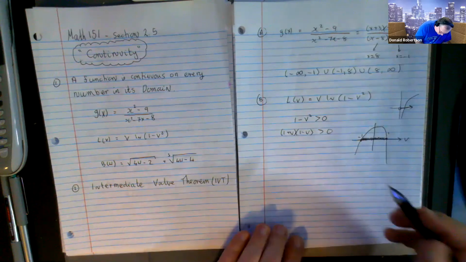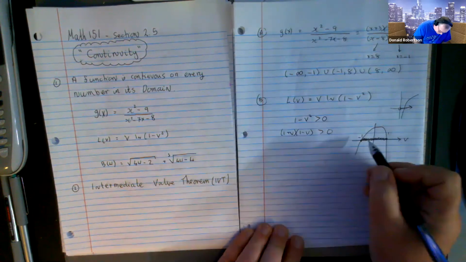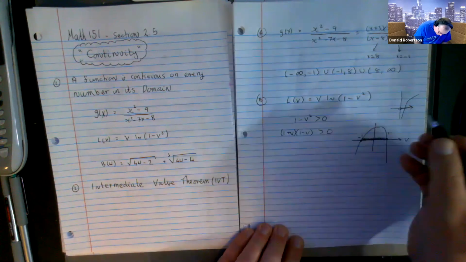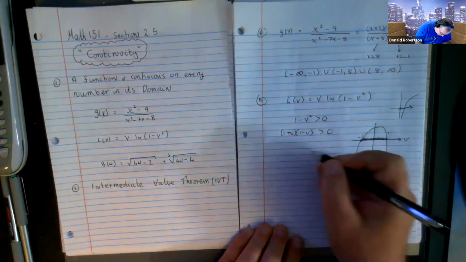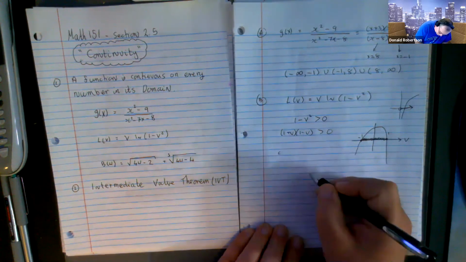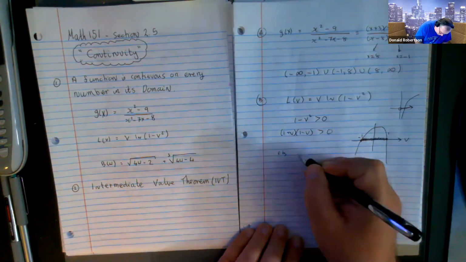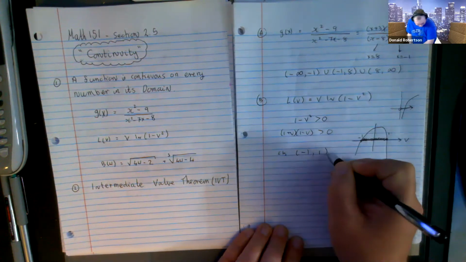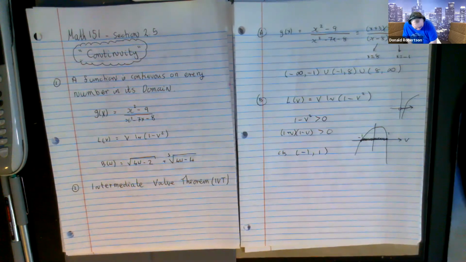So my answer: what is the domain of this function, which is going to be the same as when is it continuous? The answer is going to be between -1 and 1. You okay with that one?